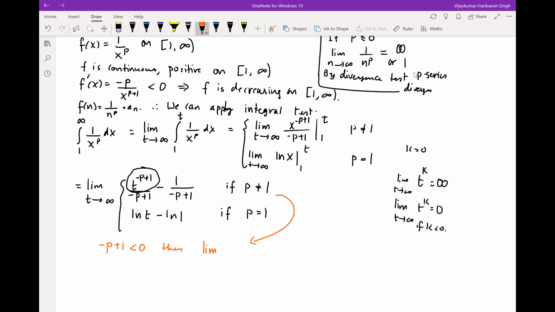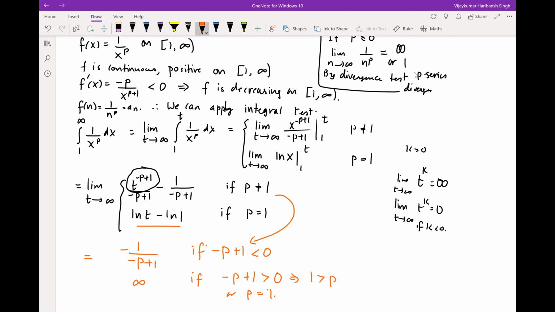Then the limit is equal to minus 1 upon minus p plus 1 if minus p plus 1 is less than 0, and infinity if minus p plus 1 is greater than 0. From this part we get p equals 1 as the boundary. If 1 equals p, there is a divergence. Otherwise it converges.